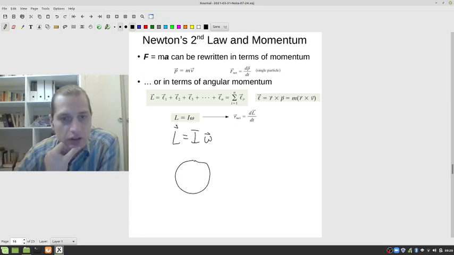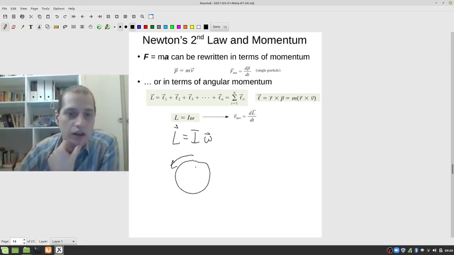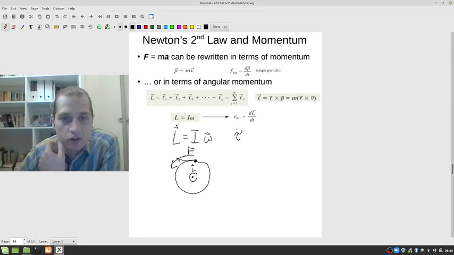Okay, so this object, for instance, would have an angular momentum that's going out of the page, and if you wanted to get it to spin more quickly, you would put a force on it in this direction, and that would have a torque that was also pointing out of the page. So if you add up all the torques, remember torque is R times F times sine of the angle between R and F, where R is the distance from the axis of rotation at which you're applying it.